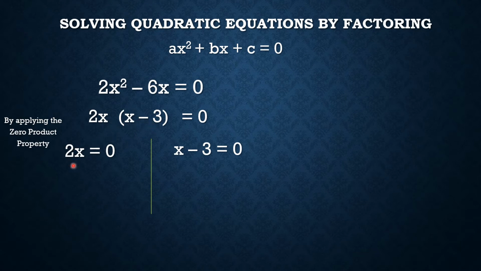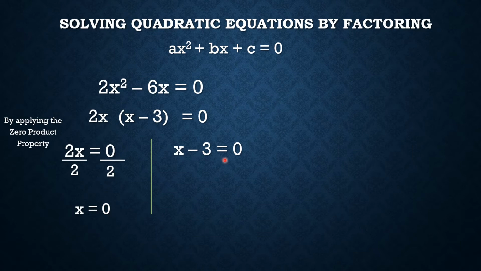Okay? So now, by solving the values of x in each, we have here, divide both sides by 2. And so we have x is equal to 0 because we know for a fact that 0 divided by 2 is 0.